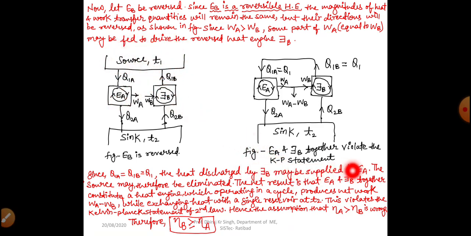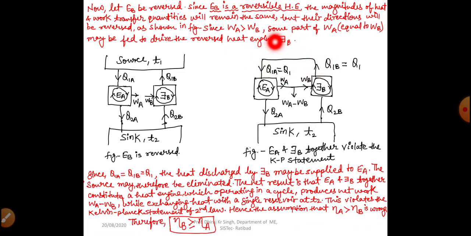The source may therefore be eliminated. The net result is that EA and EB together constitute a heat engine. That means we are producing the net work WA minus WB by exchanging heat with a single reservoir. We do not have the need of that source.